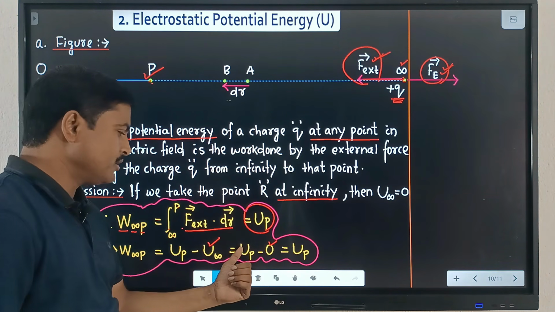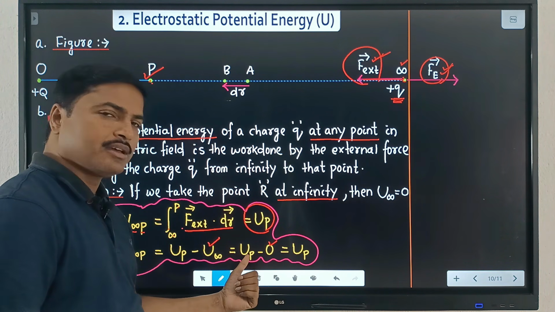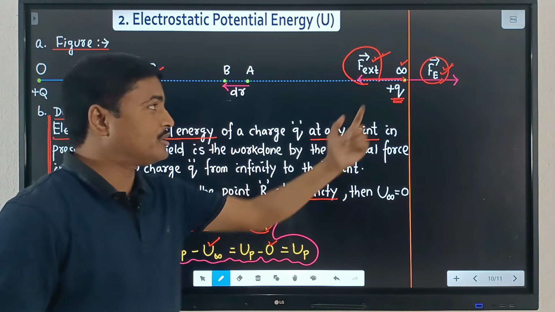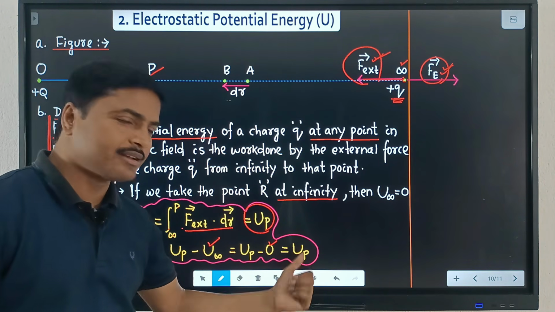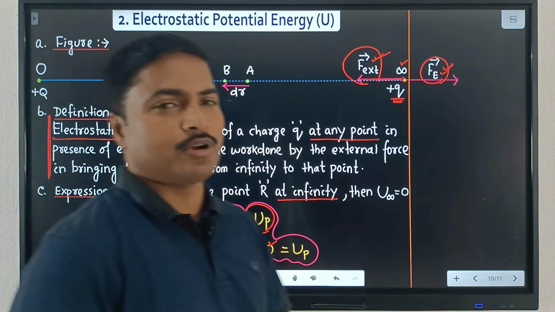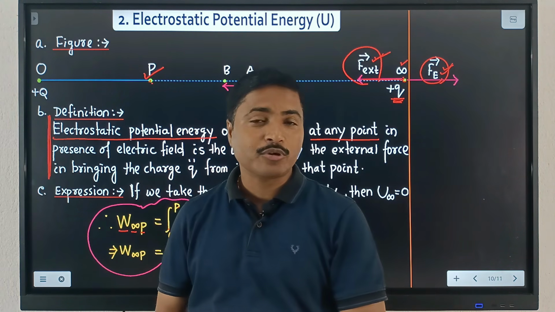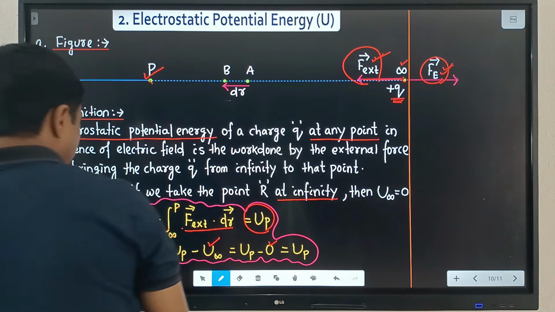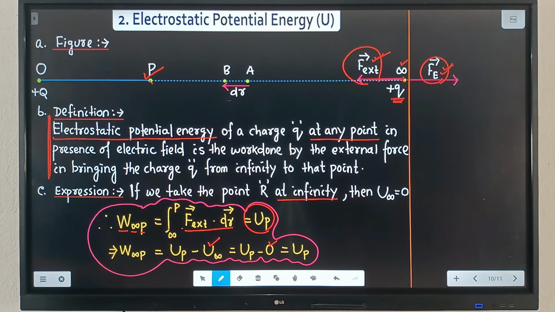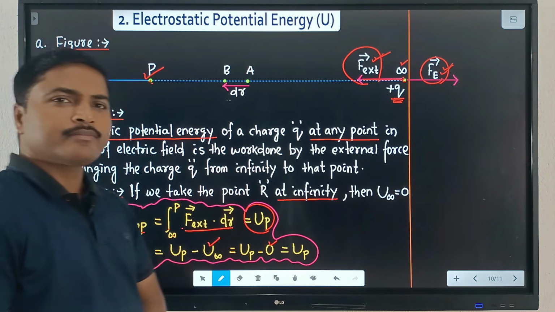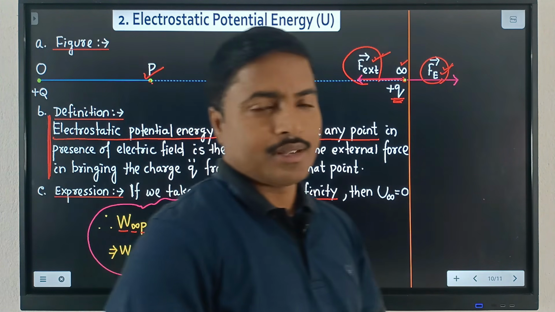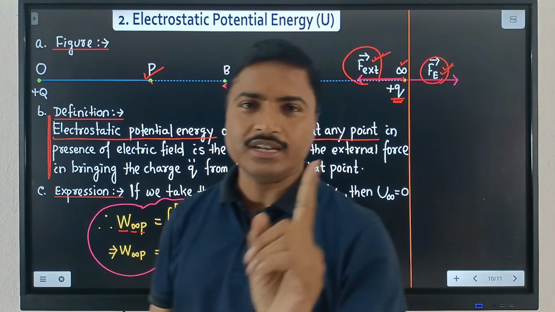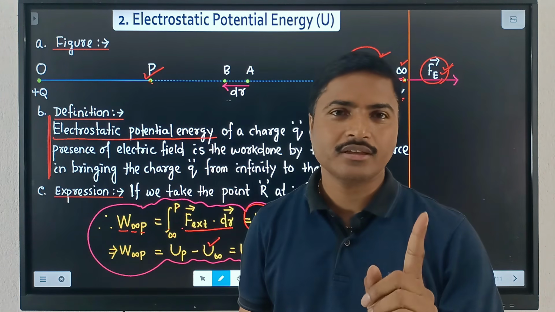So we write potential energy at the final point minus potential energy at the initial point. Initial point means at infinity. That means finally we get the potential energy at the final point, that is at point P. And this is the expression of the electrostatic potential energy. And this is all about electrostatic potential energy difference and electrostatic potential energy.